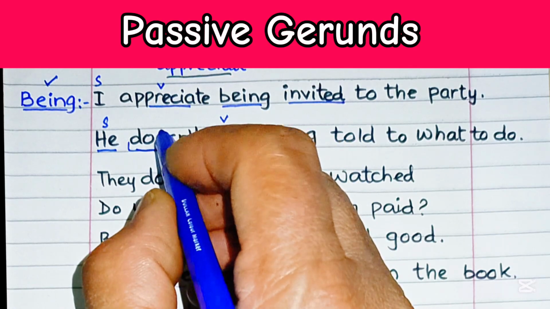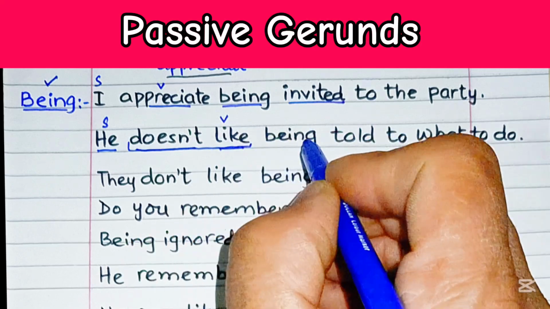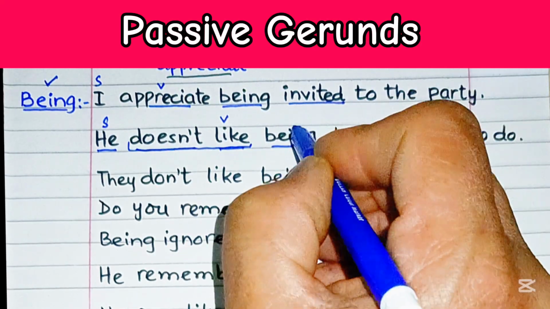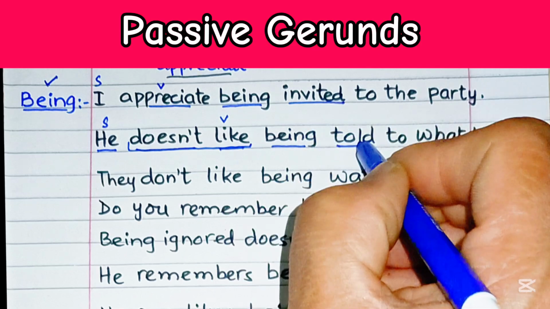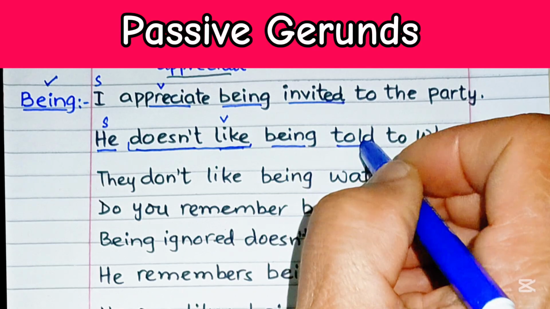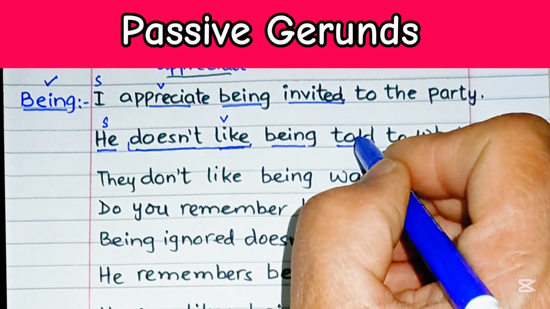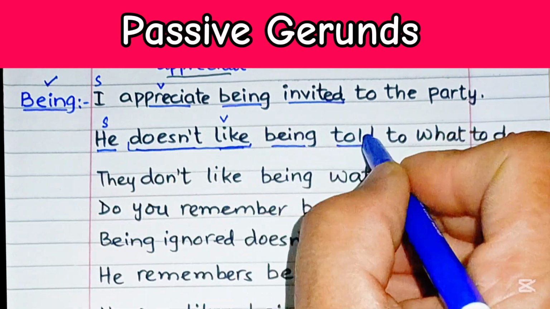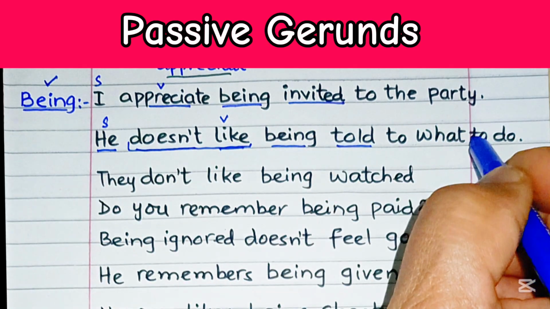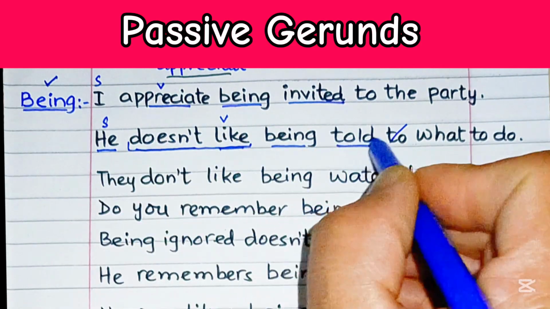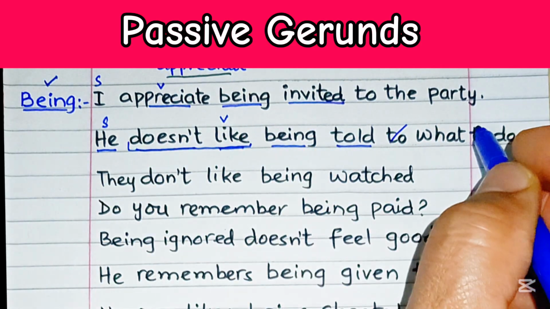This is the past participle for the verb tell. So being is here, and then the past participle of the verb tell. We know that tell, told, told. This is the past participle form. He doesn't like being told what to do. This is also correct.